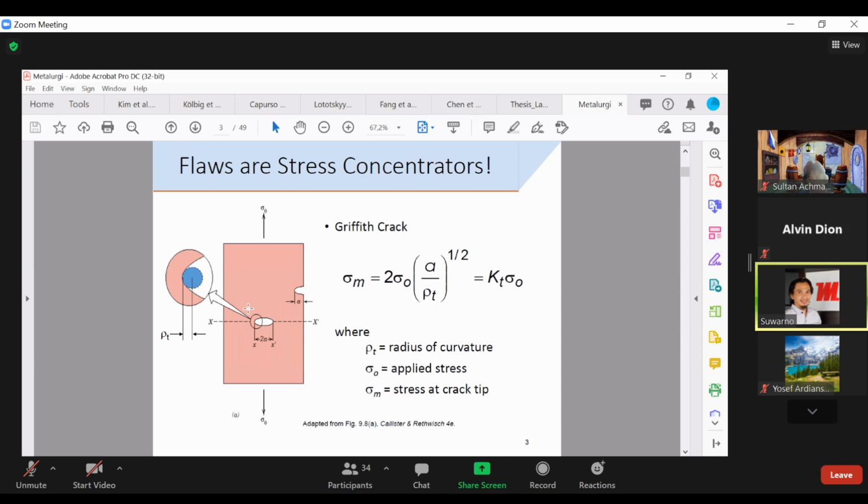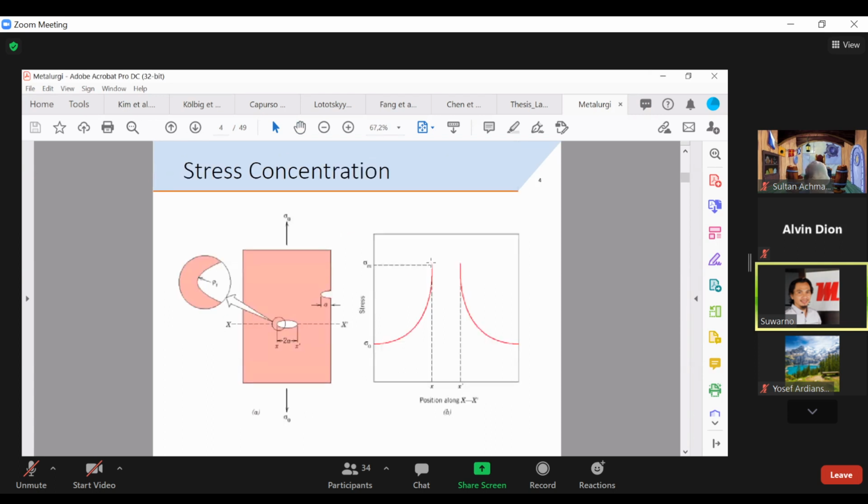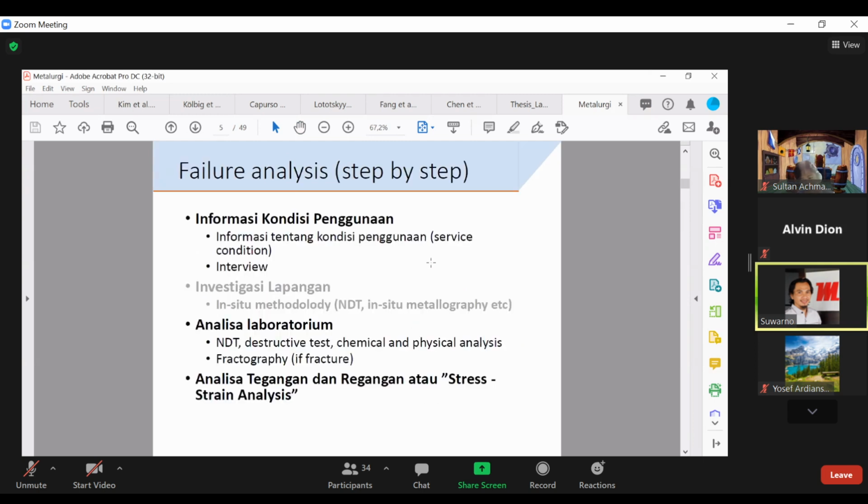This kind of crack, we call it a critical crack, can give you a stress concentration. So it's basically the same illustration.